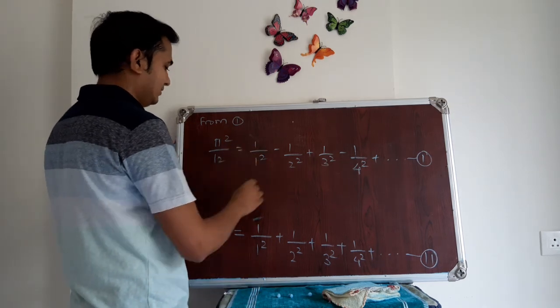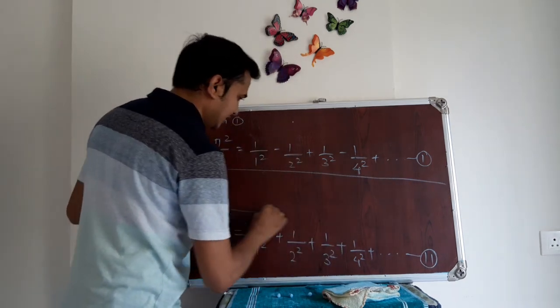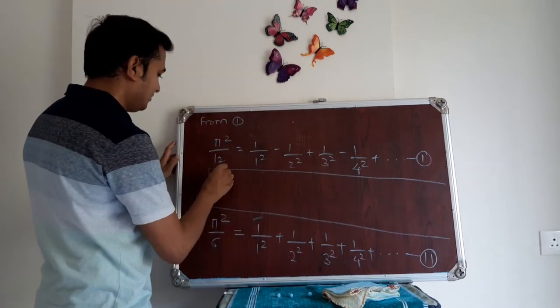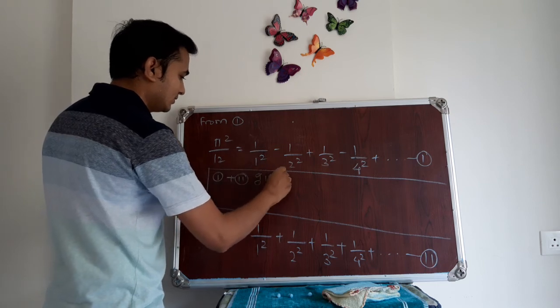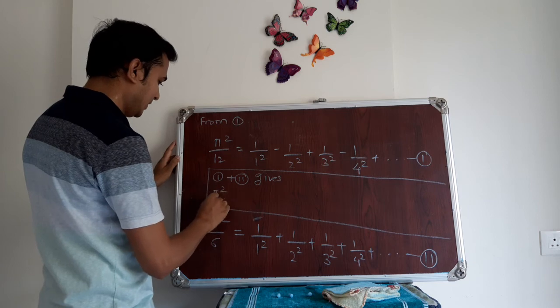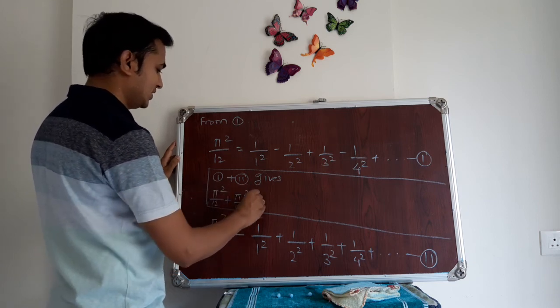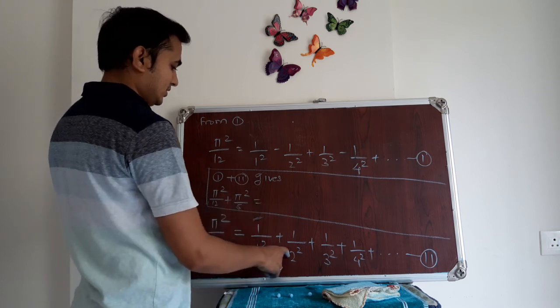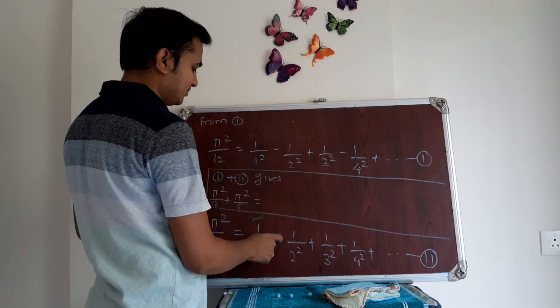Let me write it here. 1 plus 2 gives pi square by 12 plus pi square by 6 equal to this 1 by 2 square, and this minus and this plus will get cancelled.